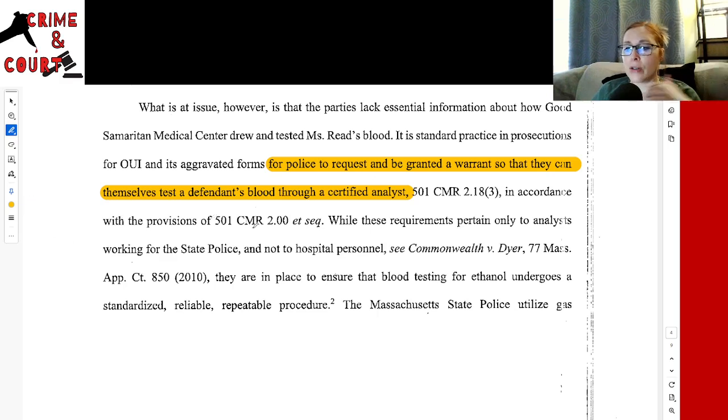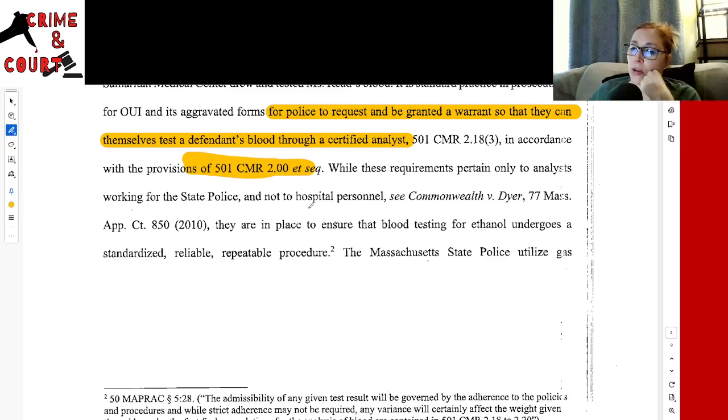And that would be in accordance with the provisions of the statute. So, the protocol, the rules, the statutes that they're supposed to follow, they should have done that.